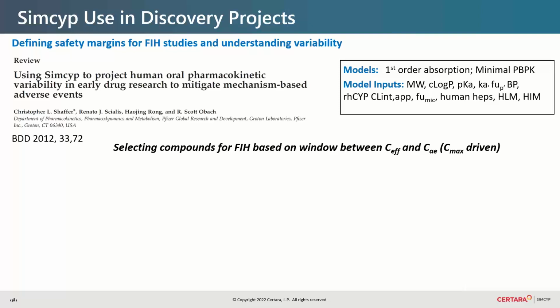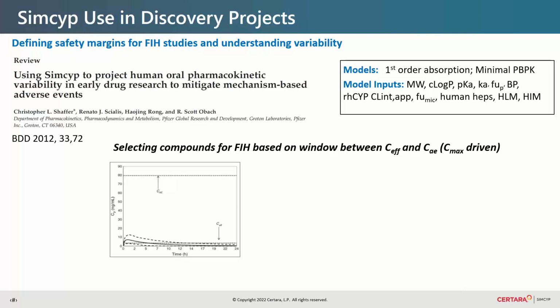In this case, the adverse events were driven by Cmax. So they used a first order model, minimal PBPK. They had physicochemical data, in vitro clearance, and information about the binding of the compound in the in vitro system.